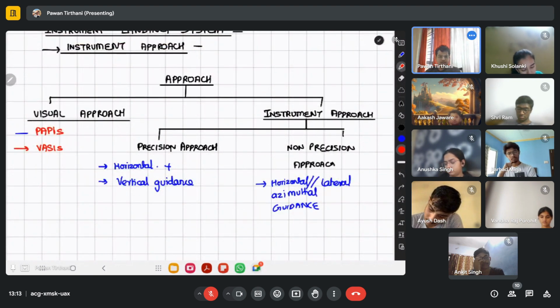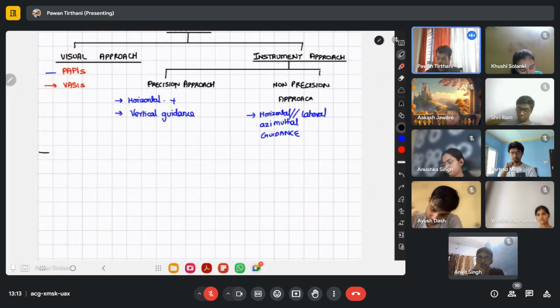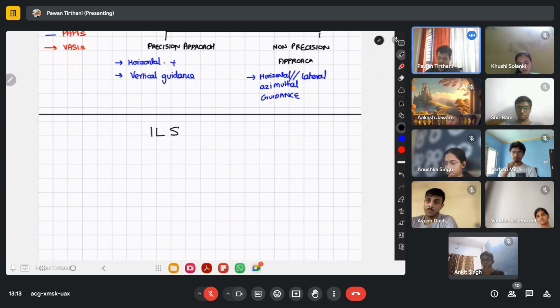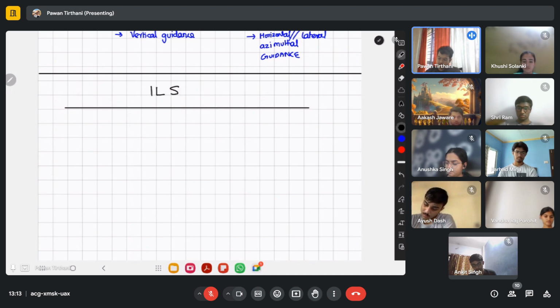Understood? Now let us talk about the instrument landing system as a whole. The instrument landing system is a complete system. It is not one navigation aid. It is a system of navigation aids. What are the few navigation aids that are a part of ILS? Let's have a look. The first one is the localizer.